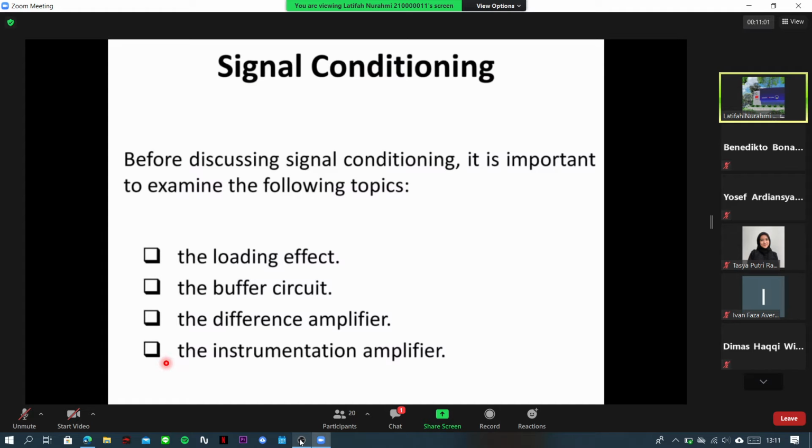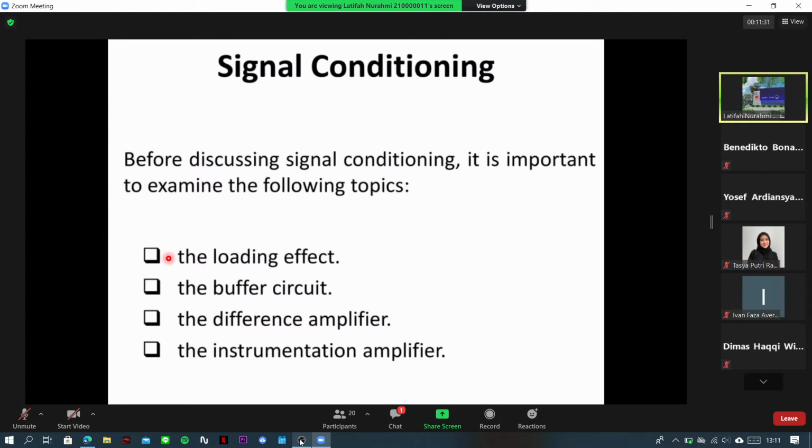Okay, we need to know first what is the loading effect. So the loading effect is, let's say, if you have the Wheatstone bridge, like I told you a couple of weeks ago, you have the Wheatstone bridge connected to the RTD, then if this RTD doesn't sense any temperature change, there is no load.